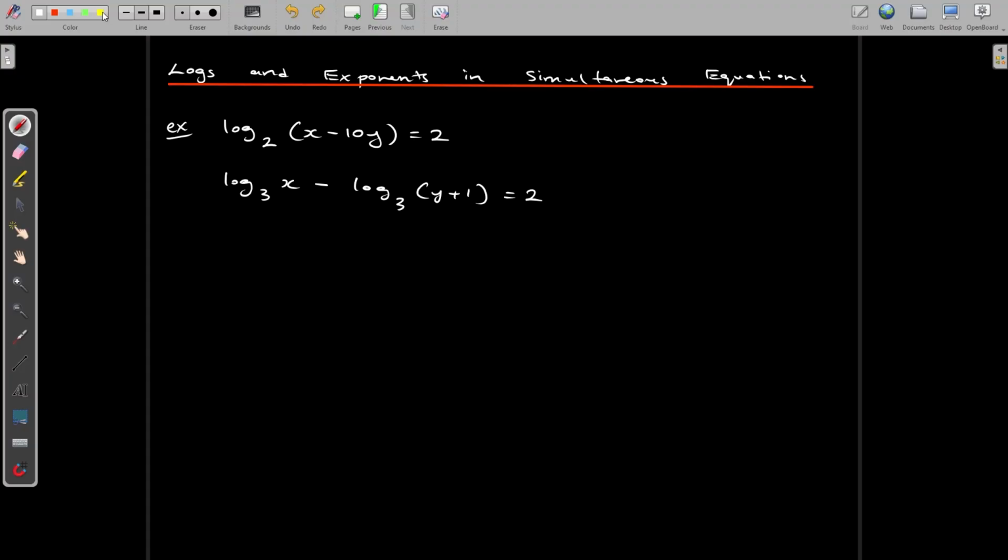Alright, so equation 1 can be rewritten as log base 2 of x minus 10y. Hold on, give me a second.